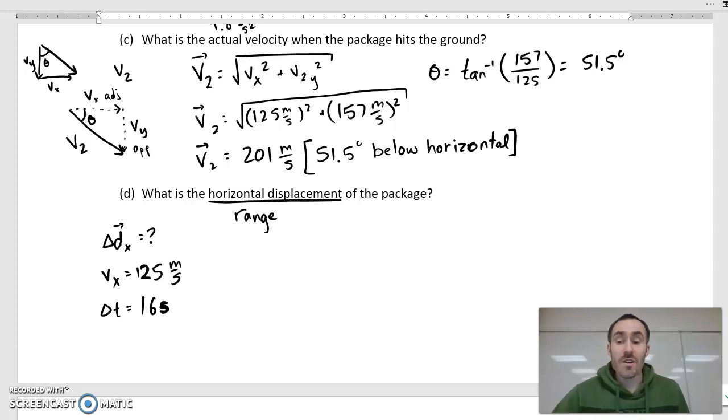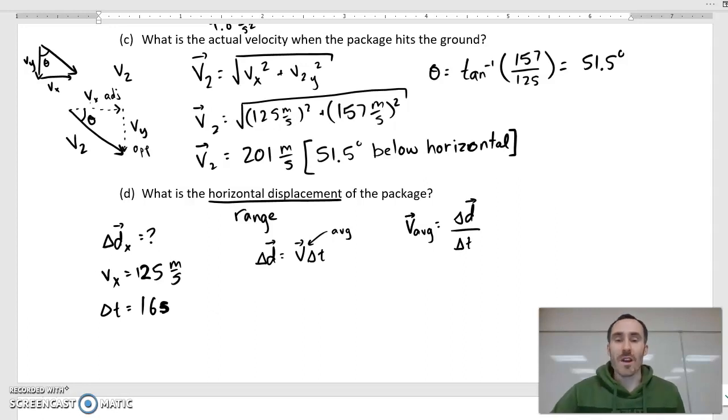Okay, those are the only pieces that we need to figure out the displacement, because we have this formula. Displacement equals velocity times change in time. Okay, this is really average velocity though, right? So that's one of the very first formulas you ever learned in physics. Average velocity times time is displacement, or you may have seen it like this: average velocity equals displacement divided by time.